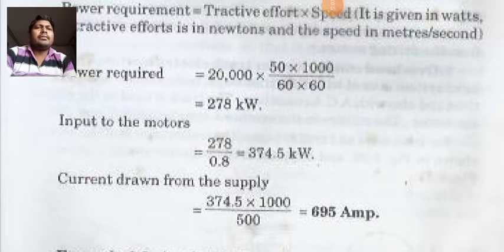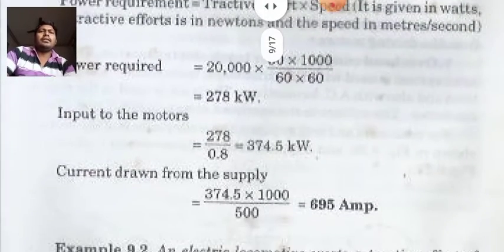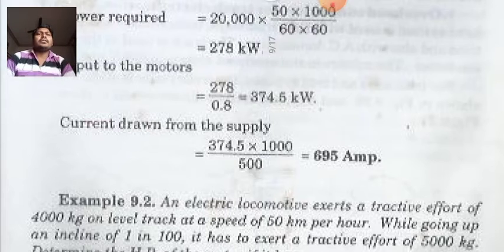So 278 divided by 0.8 is equal to 347.5 kilowatt. This is the input. What about the current drawn from the supply? Current drawn from the supply is equal to 347.5 into 1000 divided by 500. What is this 500? This is the voltage, right? So it is equal to 695 amperes.